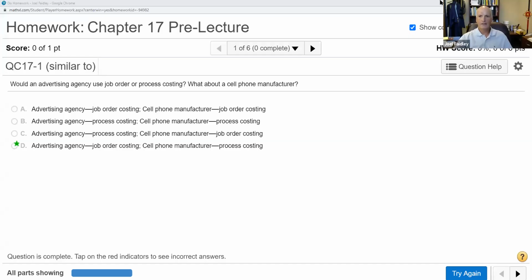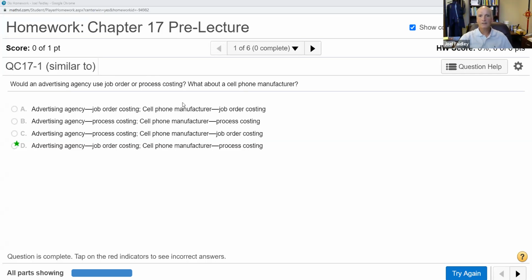All right, so let me go back here and share. What I just showed you, direct material, direct labor, and overhead, is for both job order and process costing. That was just what I showed you here on this legal pad. That's the concept for both of these chapters.